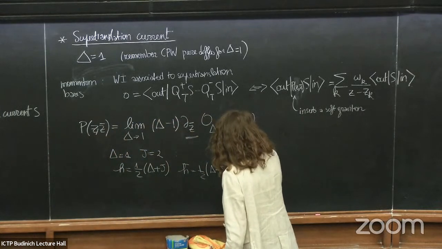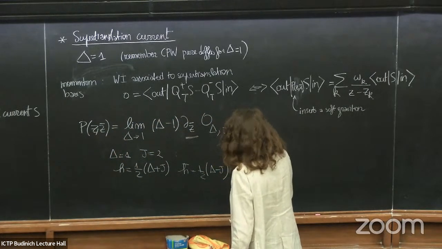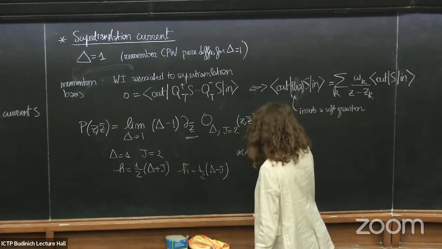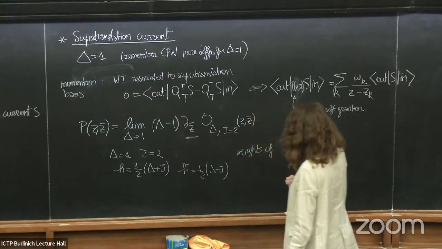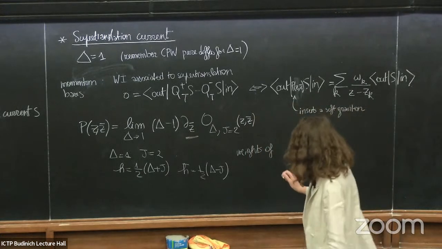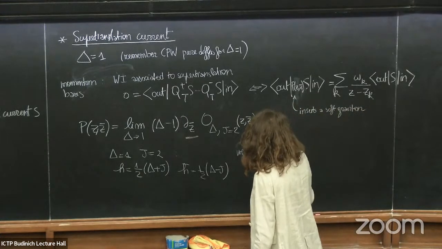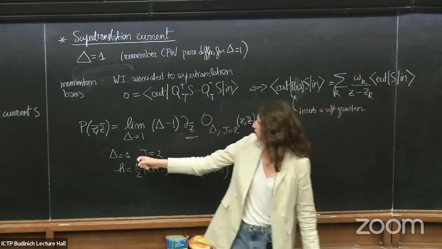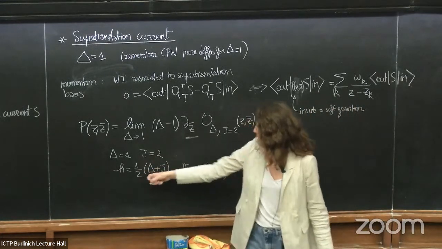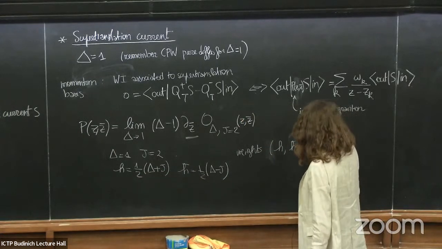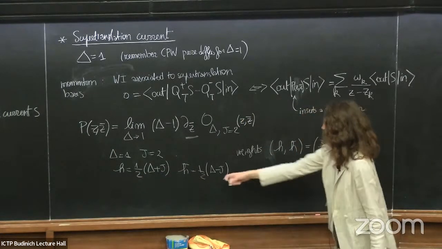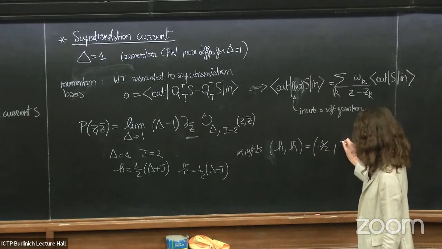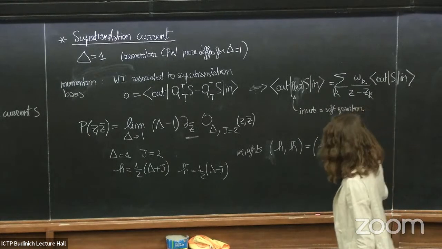So the weight of the celestial operator will be denoted by h comma h bar. Here delta is 1, j is 2. So one half of 1 plus 2 equals 3/2, and one half of delta minus j gives us minus 1/2.